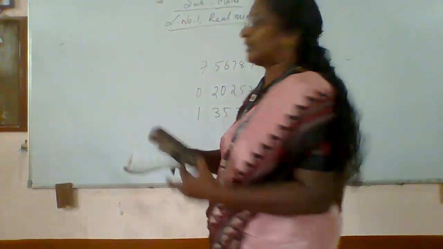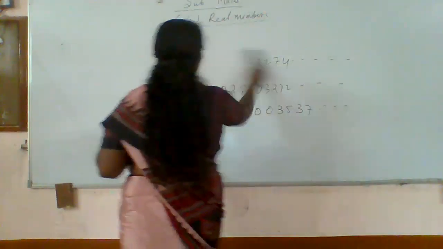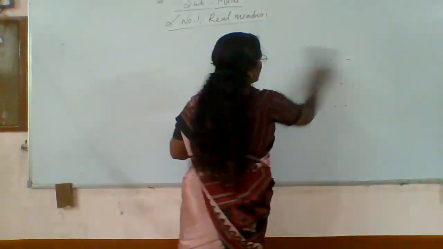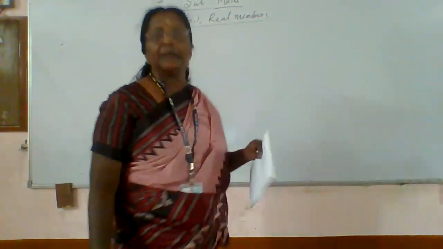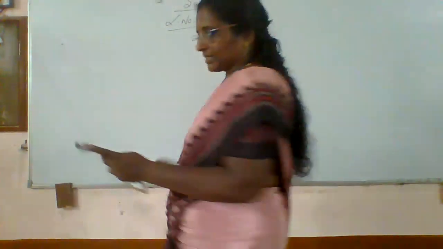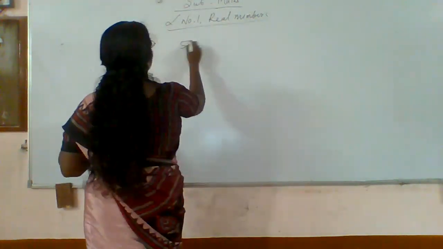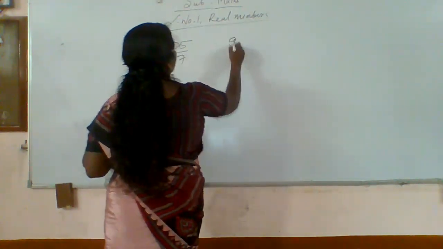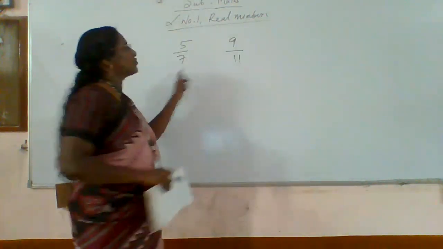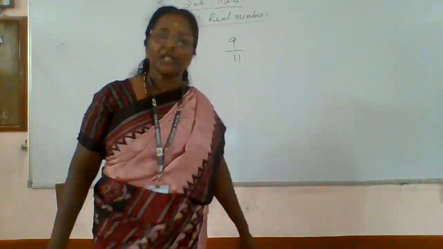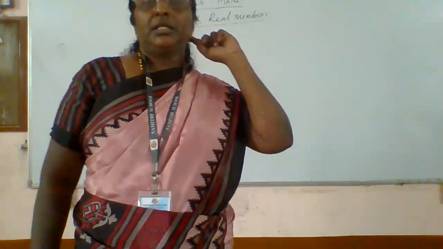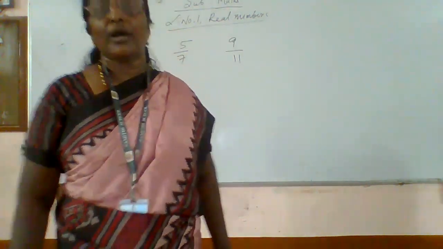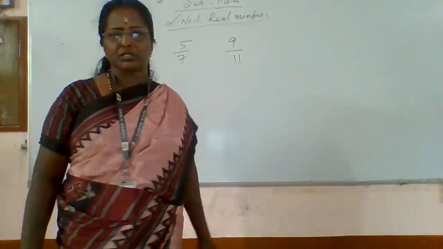In between these 2 rational numbers 5 by 7 and 9 by 11, you find the 3 different irrational numbers.